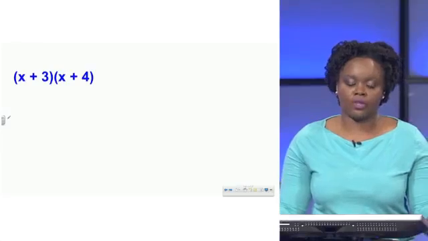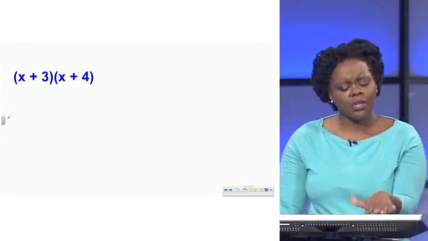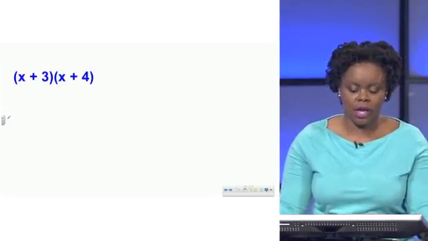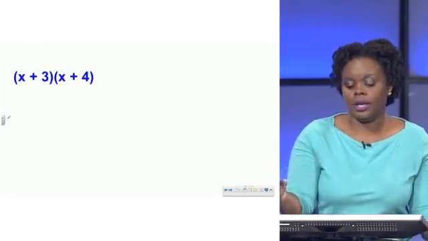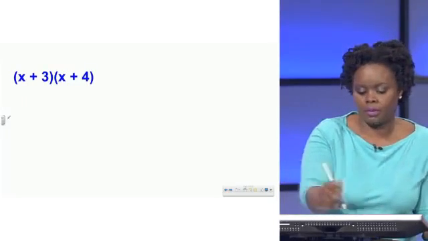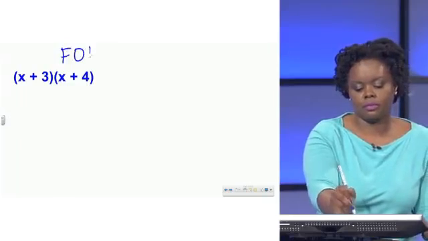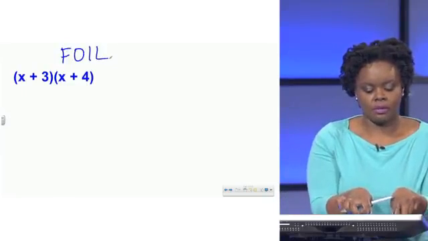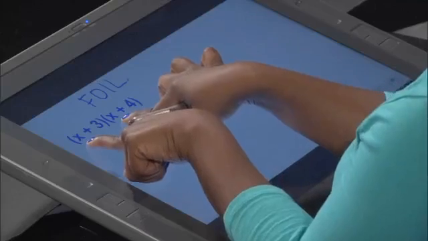Okay, so to explain what I mean by factoring, I first want to jump back to FOILing. If I presented you with this situation and asked you to multiply these binomials together using FOIL, you'd probably write FOIL somewhere to keep it straight. And then you start multiplying. First terms, x times x, that's x squared.